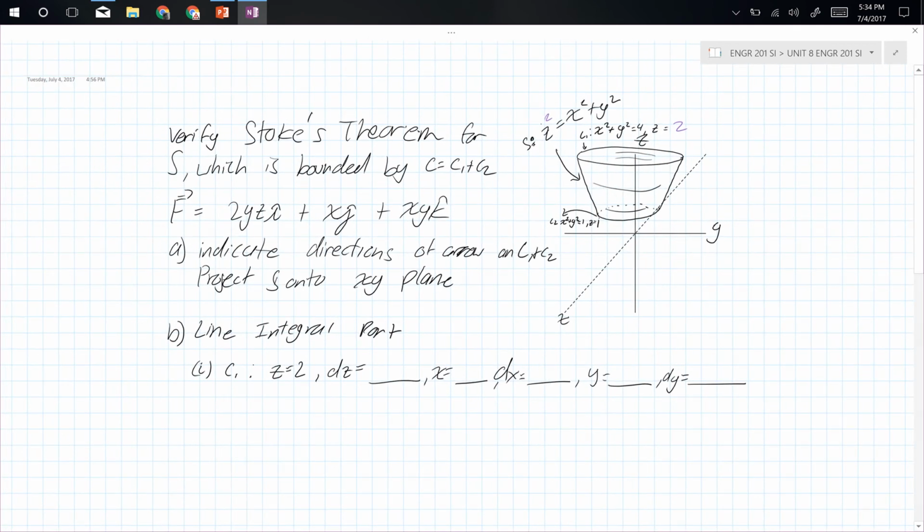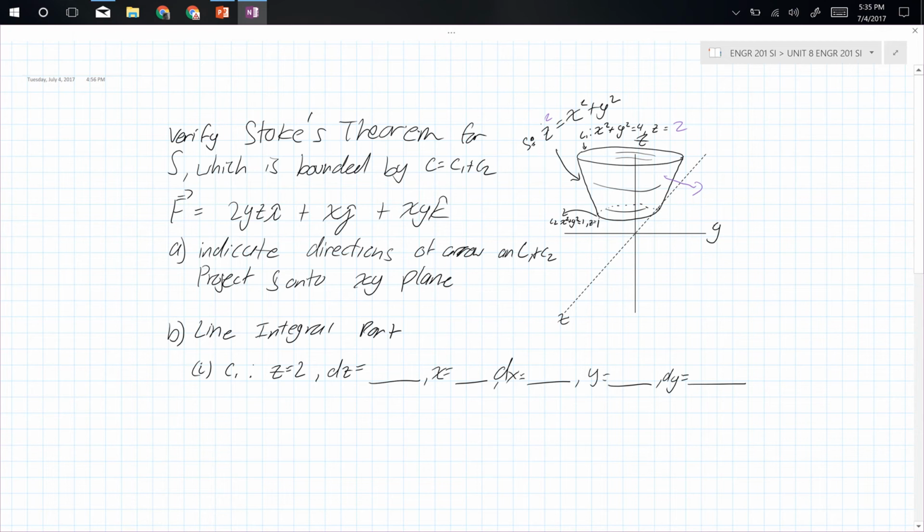For part A, for C1 and C2, we need to find the correct direction to go along the boundary. There are a couple of ways to figure it out. What I typically do is assign an arrow to the outside of the surface, and it has to go away from the surface.